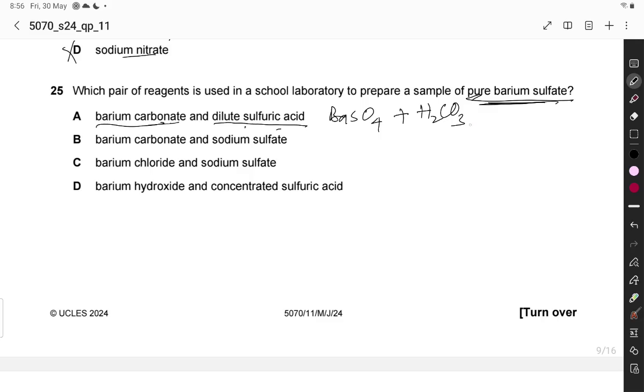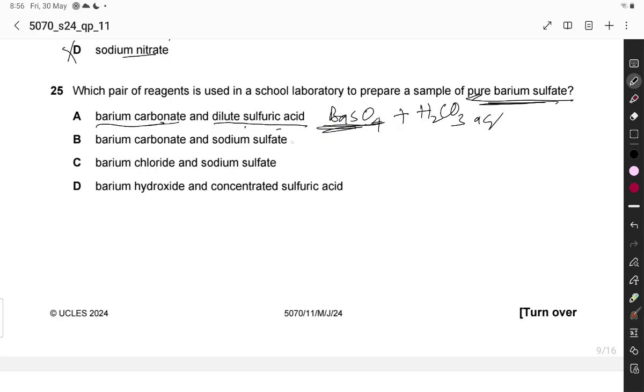H2CO3. So this is an acid. This is because with dilute sulfuric acid the reaction is stopped due to the formation of a precipitate. So this is not pure barium sulfate.